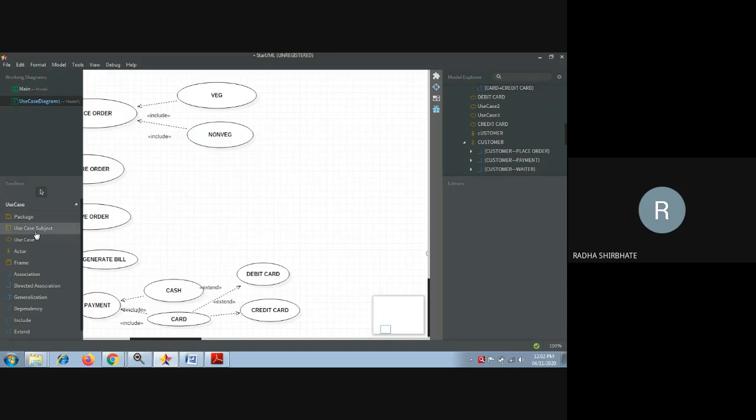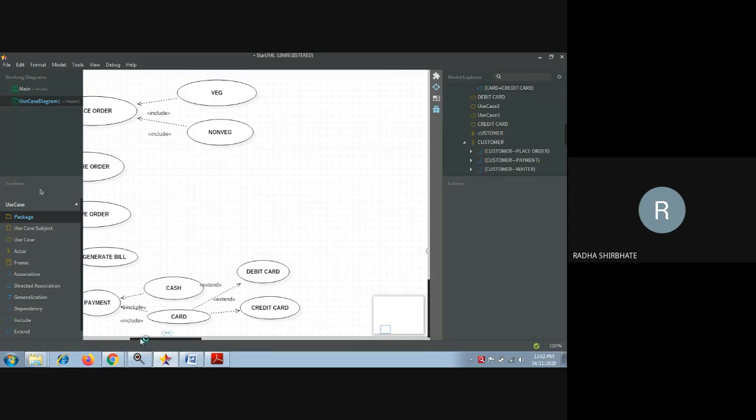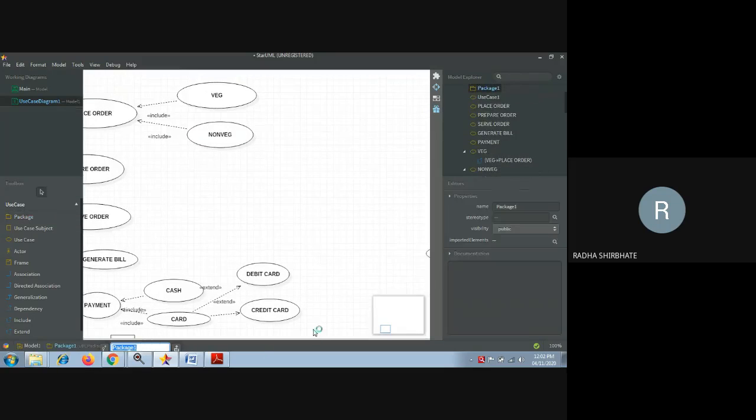Now, the next thing that we have to do is enclose this complete diagram within one box. This is called the system boundary. So we have to draw it.